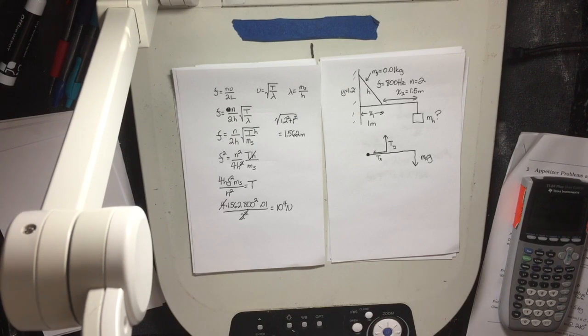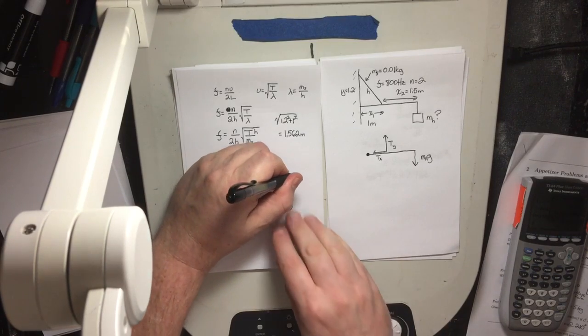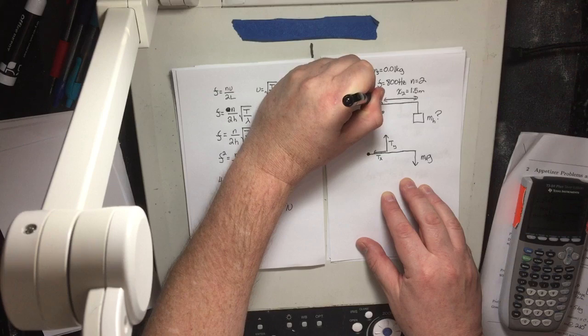So the first thing really that you had to do with this problem was find the tension in the string. Now that you know this, you can get this angle.